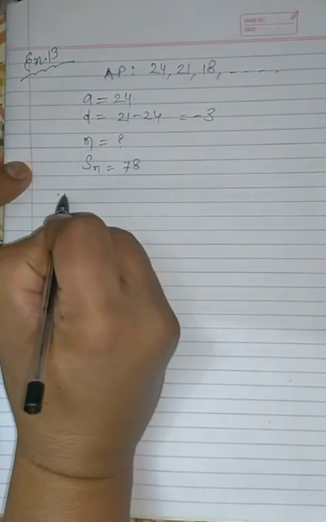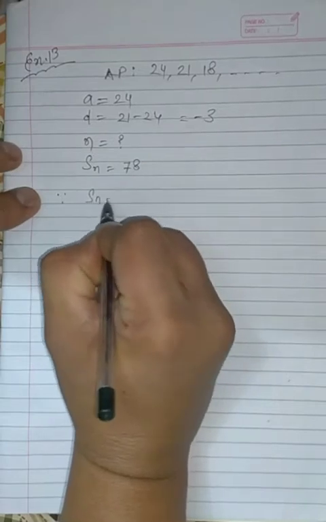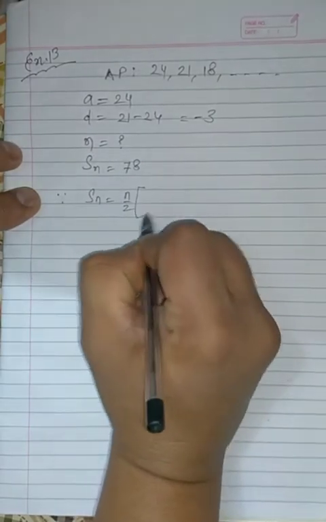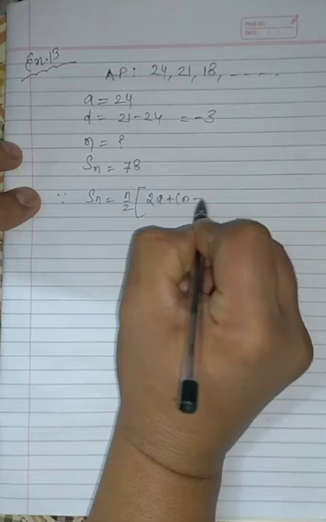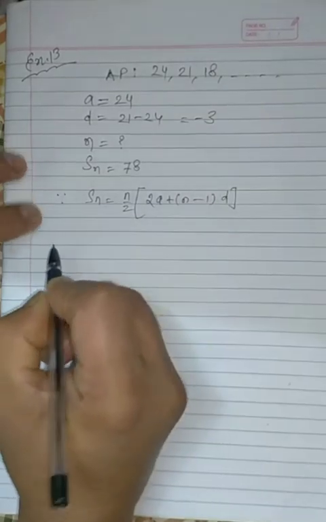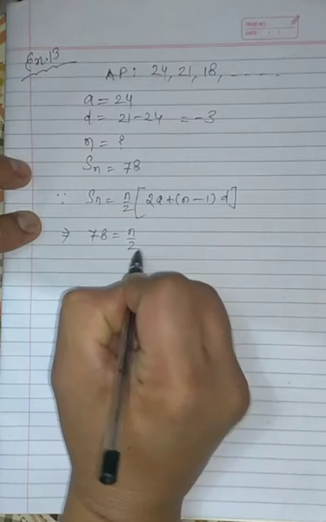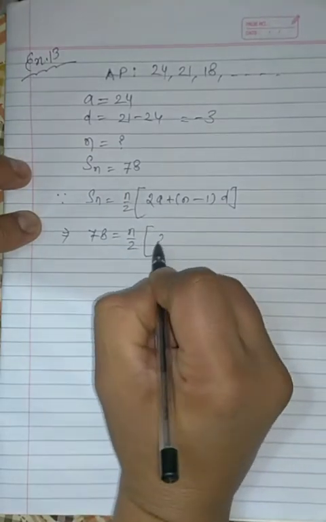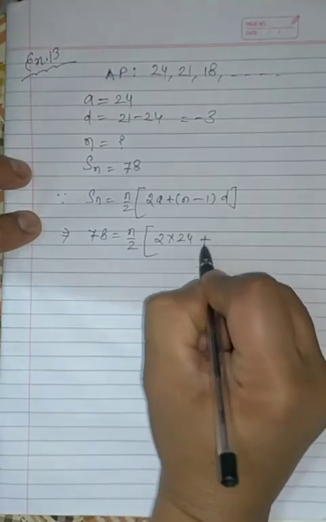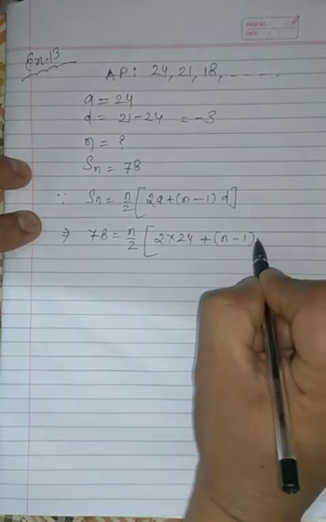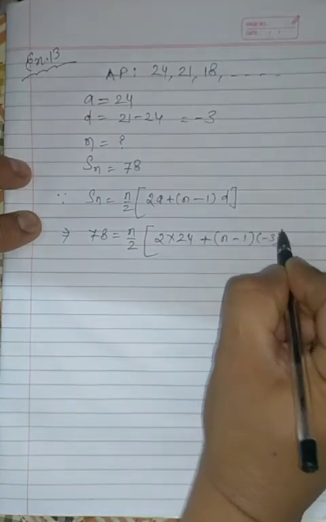Since Sn equal to n by 2, 2a plus n minus 1 into d, same formula. So 78 is equal to n by 2, 2 into 24 plus n minus 1 into the value of d, minus 3.